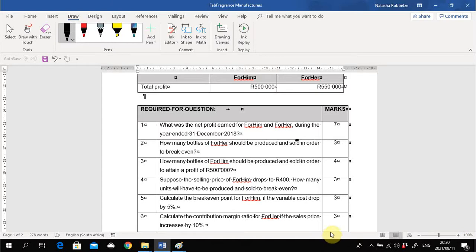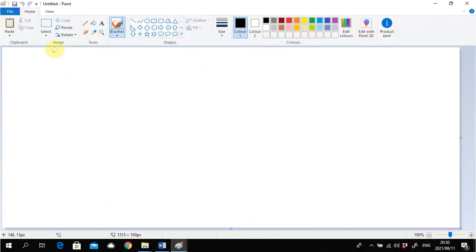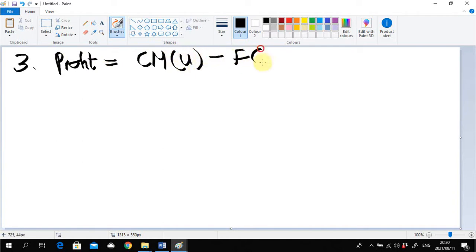So we need to answer for him, and there's a profit of 500,000 Rand. In required number 3, we are back to our formula for profit. So profit equals what? Profit equals the contribution margin times our units minus our fixed cost. So now they've told us in the question that they need to make 500,000 Rand profit.